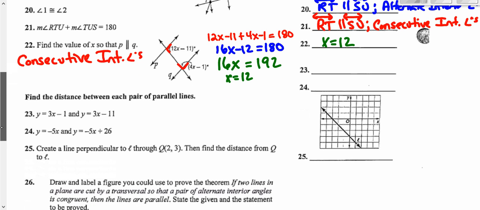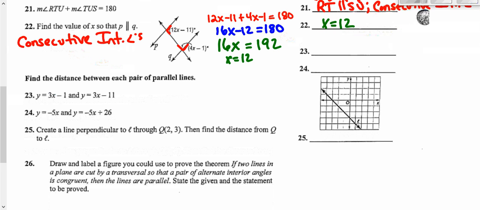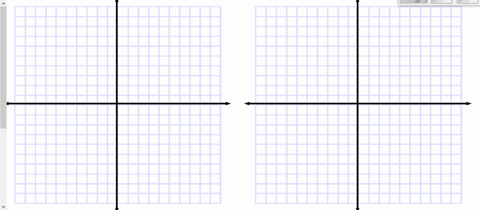Okay, here it says find the distance between each pair of parallel lines. So let's go ahead and graph these. That's probably a good way to do this. So 3x minus 1 and 3x minus 11. The 3x minus 1, we'll put that right here. Here's the minus 1. Up 1, 2, 3 over 1.